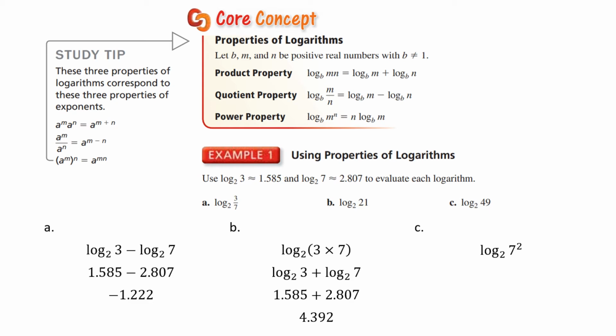We don't necessarily know what the log base 2 of 49 is, but if we take that 2 of the exponent and bring it out as a coefficient, then we can say that it's 2 times that log base 2 of 7 approximate value, multiply, and we'll come to our answer. We'll find out real soon that the calculators can get us to these answers a little bit more quickly, but it's good to see how these properties work.